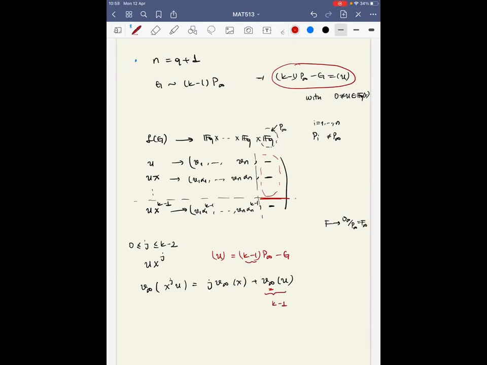And since P infinity is a pole divisor of x, we know that this valuation is going to be minus 1. That means we have k minus j minus 1. And since j is strictly less than k minus 1, because of this condition, we know that this is always positive. So that means this function always has a zero at P infinity.